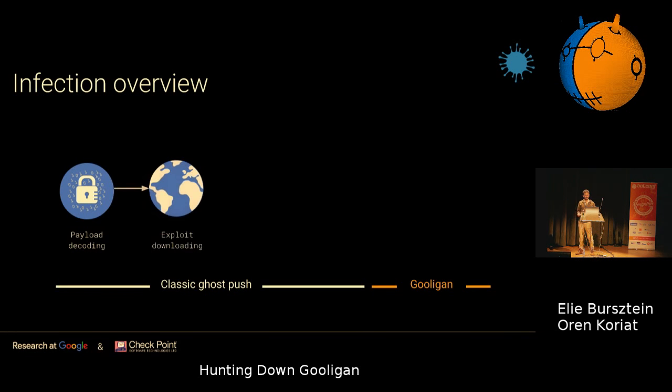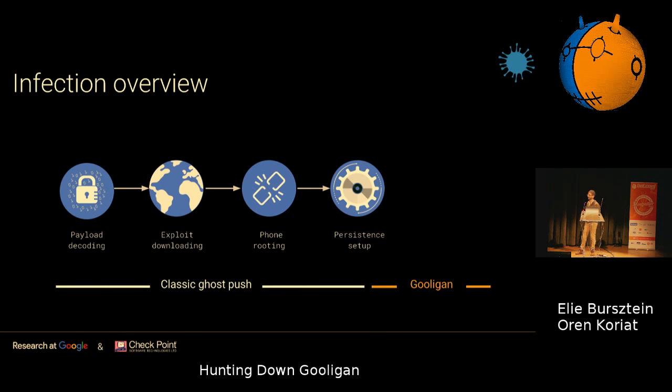Once decoded, among other things, this payload is responsible for dynamically downloading a rootkit. This rootkit is used to root the device, and if successful, Gooligan is now free to install its persistency kit utils. Most interesting of which is a util that enables Gooligan to infect the local Google Play process.